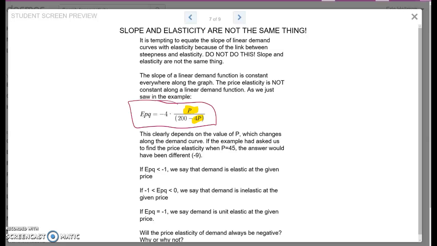So the price changes along the linear demand curve, which means that the elasticity will also change along a linear demand curve. So the slope of a linear demand curve is constant, but the elasticity along a linear demand curve is not constant.